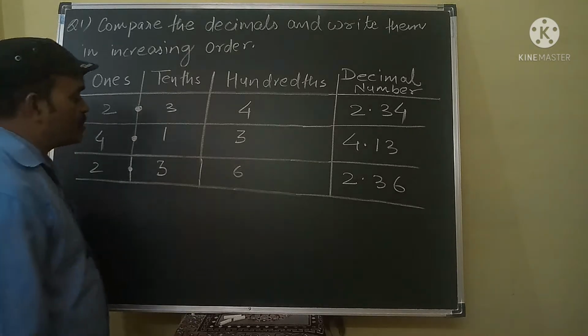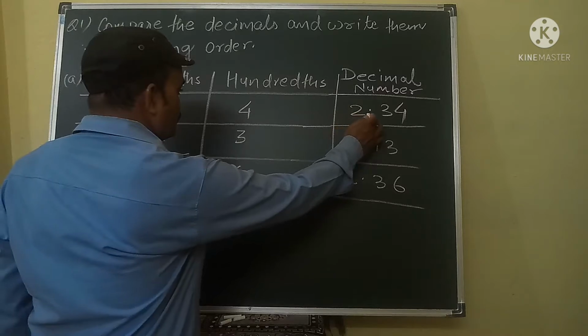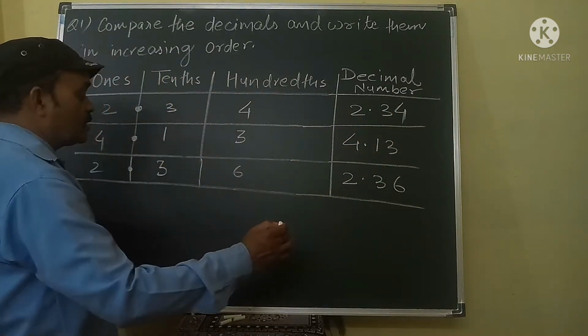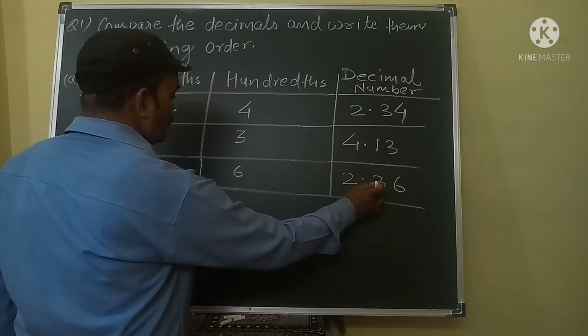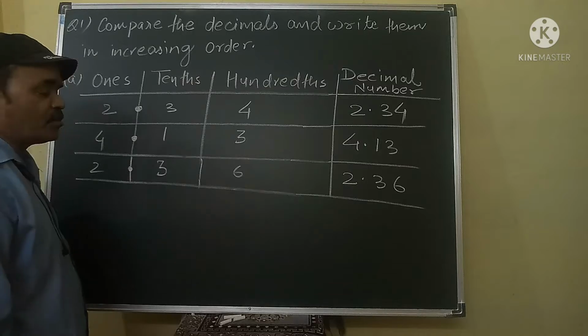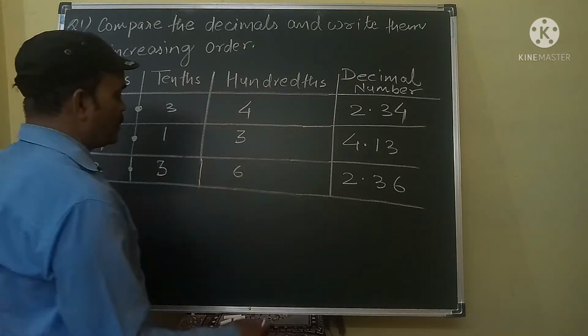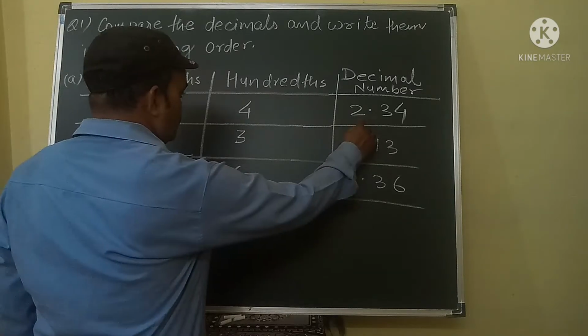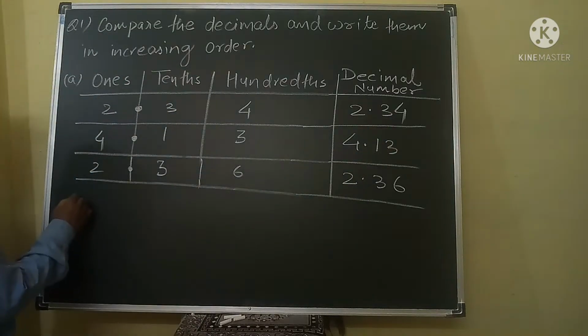So now look here, in 2.34, 4.13, and 2.36, which is the smallest decimal number? As you are looking, the smallest decimal number is 2.34.